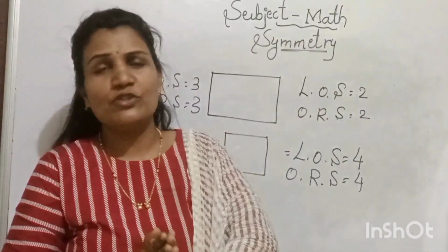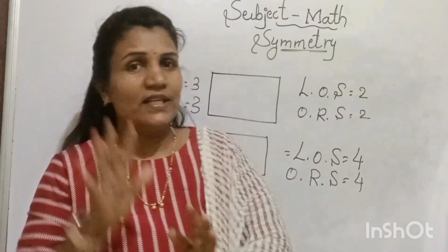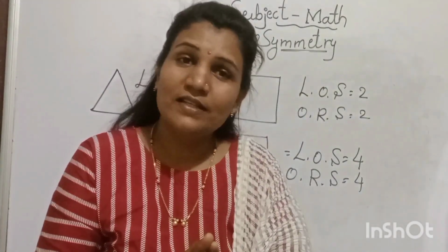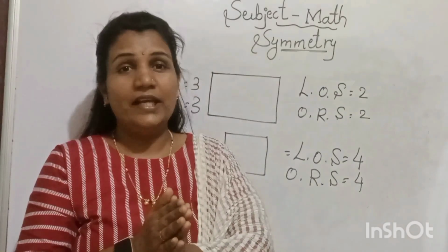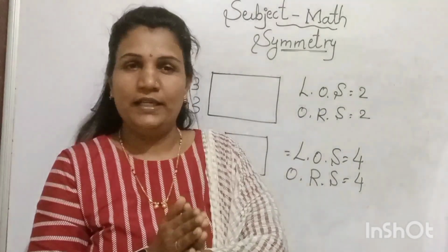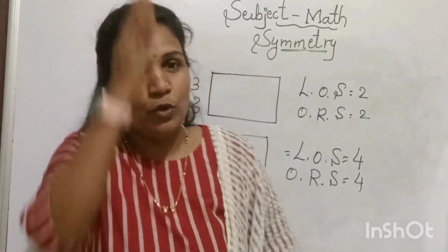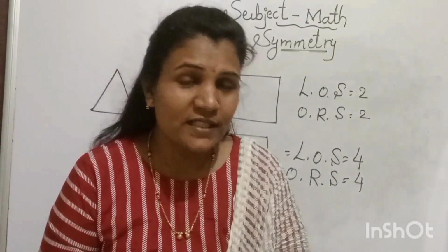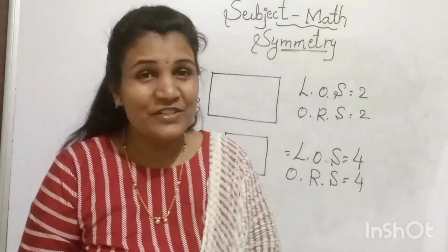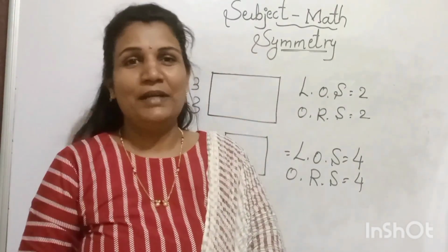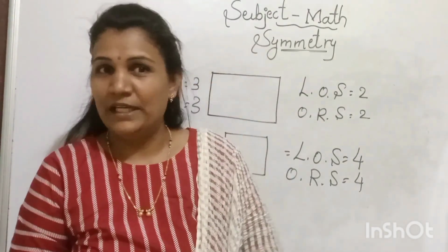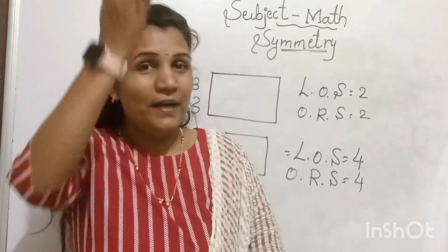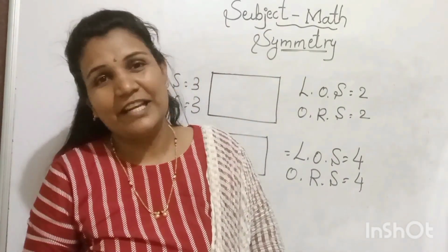Line of symmetry is simple. If you fold an object along its vertical or horizontal line, and it superimposes with the sides of its position, then we can call it a line of symmetry. Some letters or shapes may have both lines of symmetry, vertical and horizontal, and few objects may not have the horizontal line of symmetry. Only the vertical line of symmetry they may have. And some may have only the horizontal symmetry, but not the vertical line of symmetry.